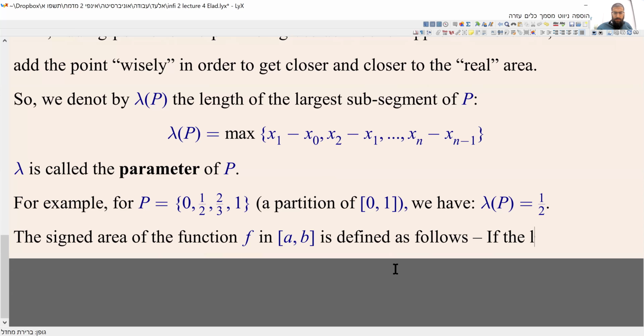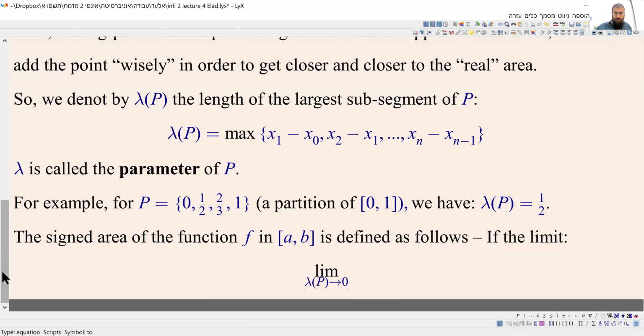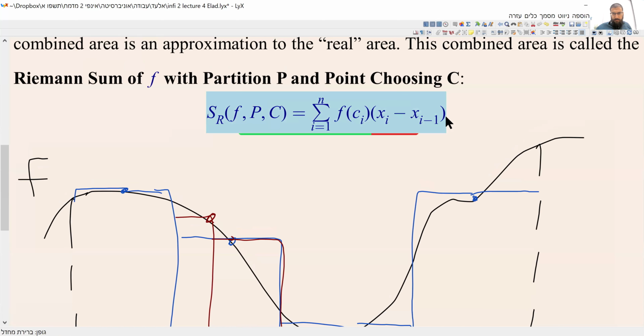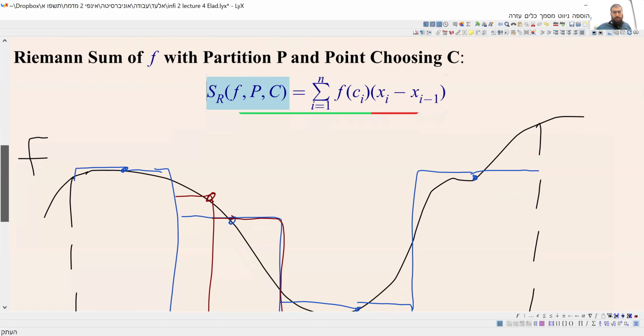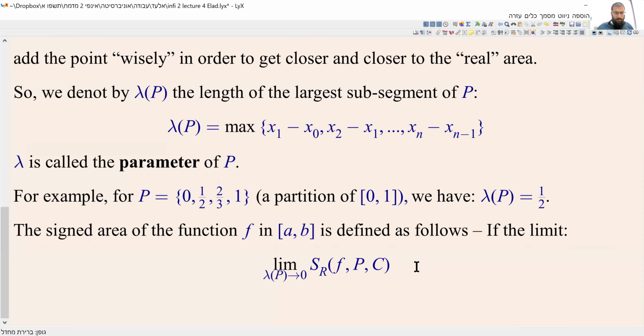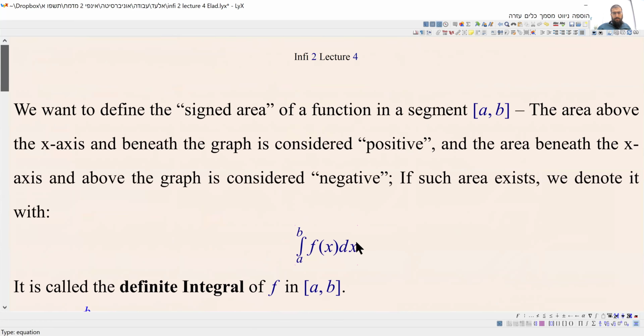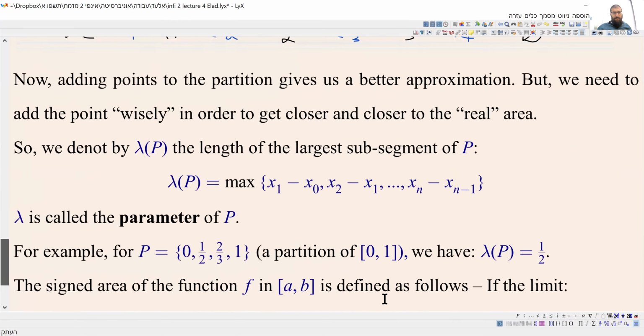If the limit, where parameter p tends to 0, of our Riemann sum exists and is the same for every partition P and for every choice of points c, then the area, which we already denoted with the definite integral, is that limit.